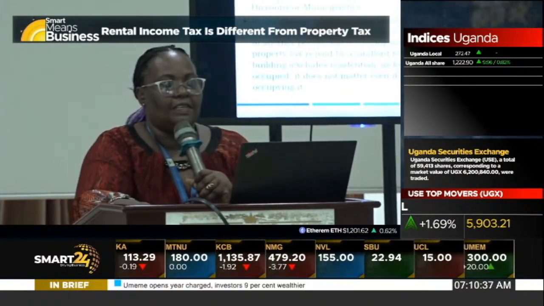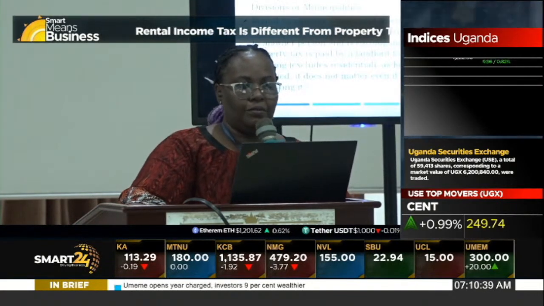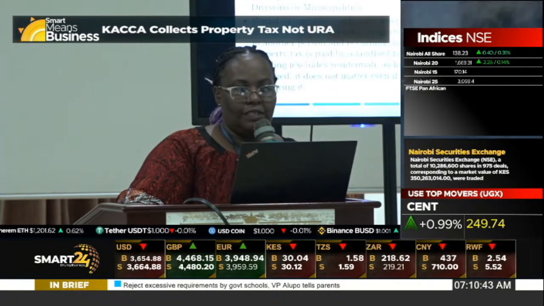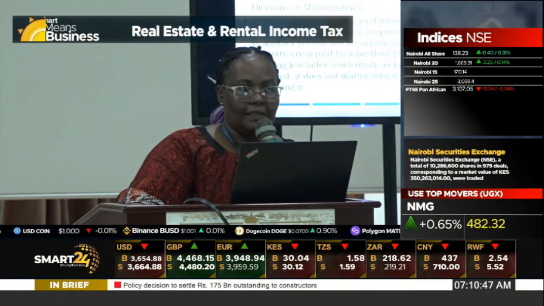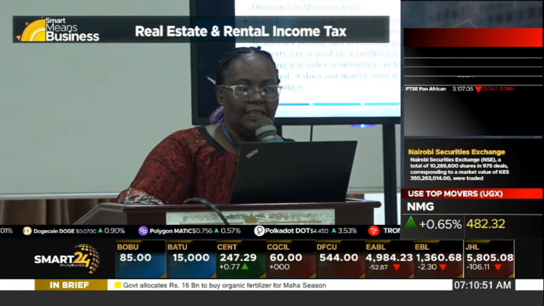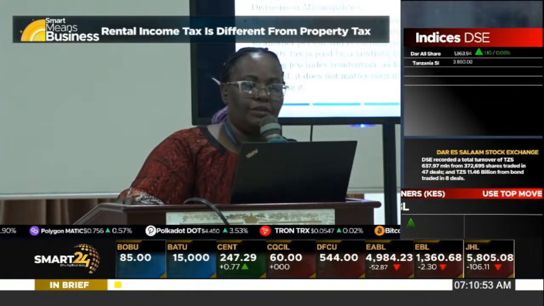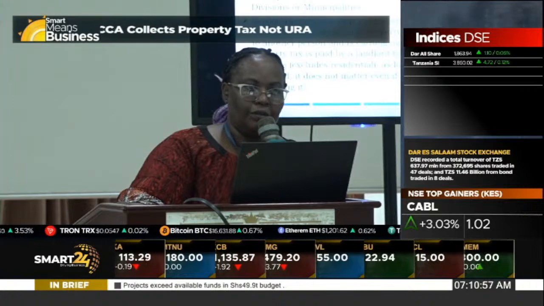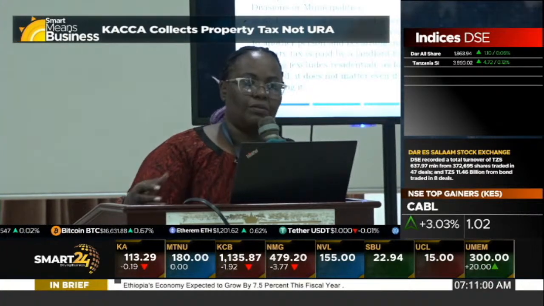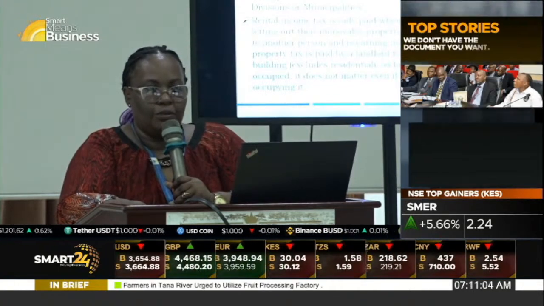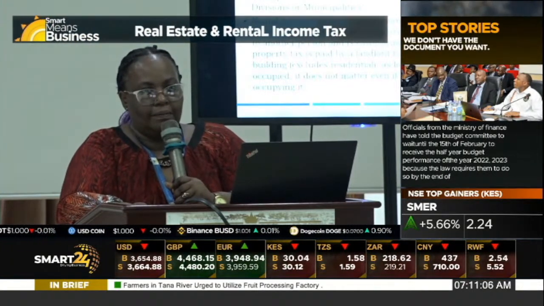And at the end of the day, while you're computing income tax in your return, what you have paid as property tax is an allowable expense to Uganda Revenue Authority. Ideally, we tell you to reduce it as any other expense that you have incurred, because it's one of the expenses that have helped you to accrue the other income.